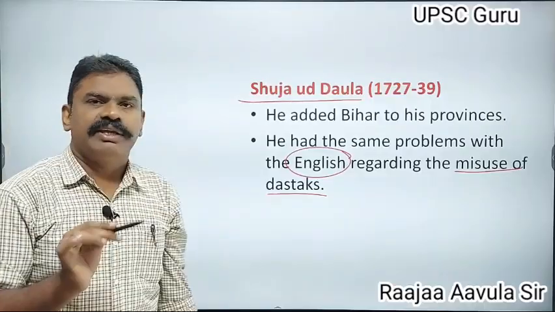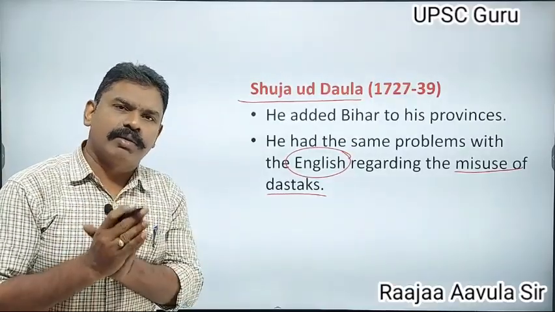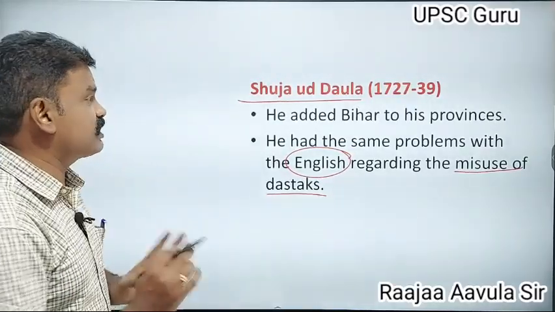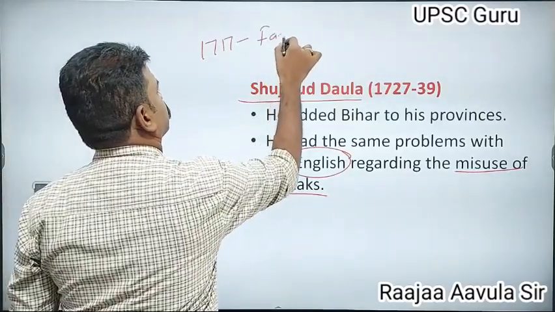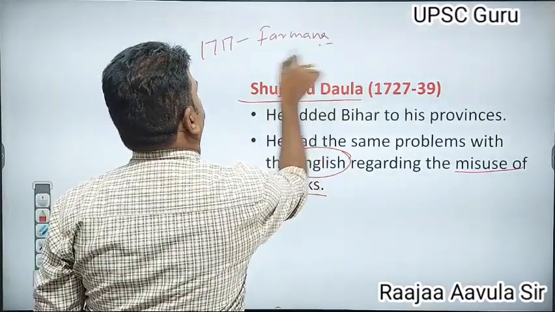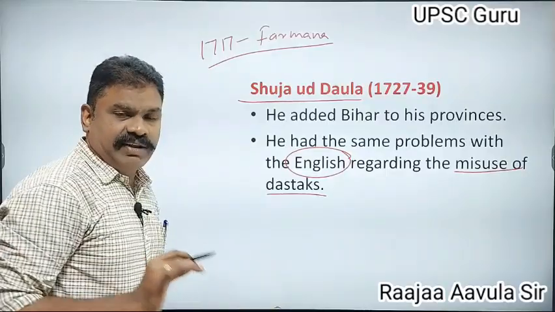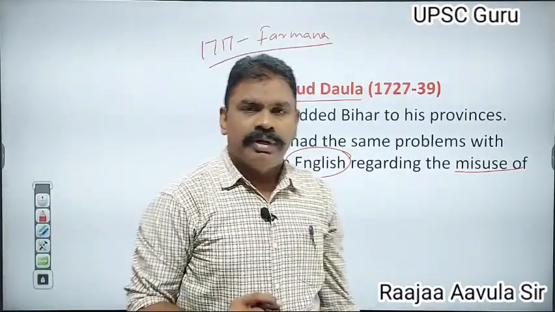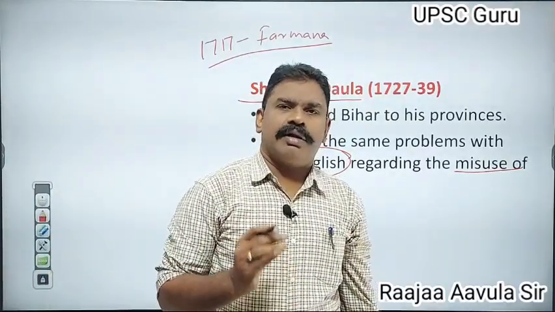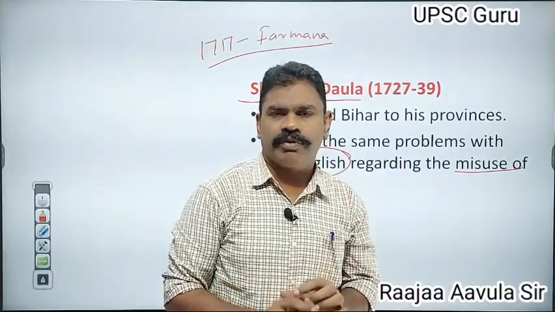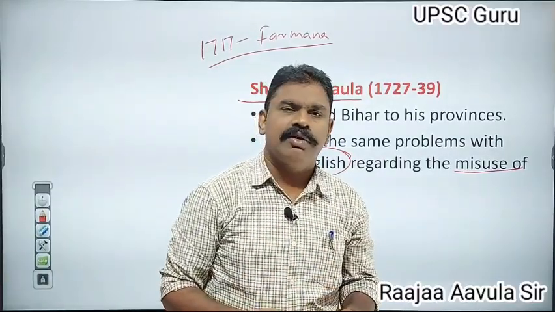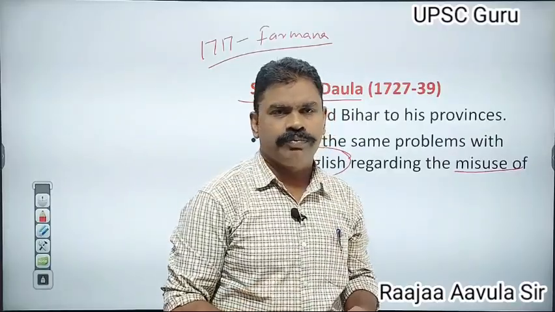Each and every Bengal Nawab got troubles with the 1717 Farman, which was given by Farrukhsiyar for the British.